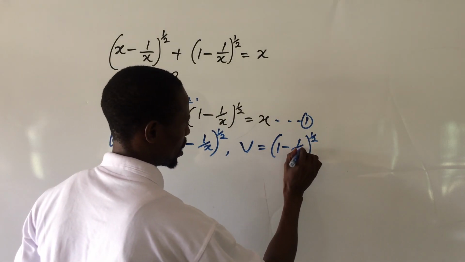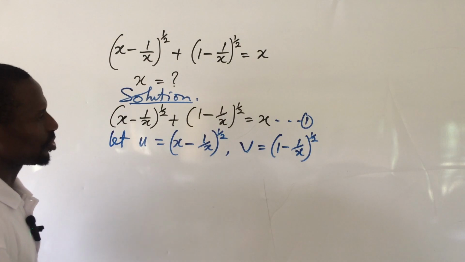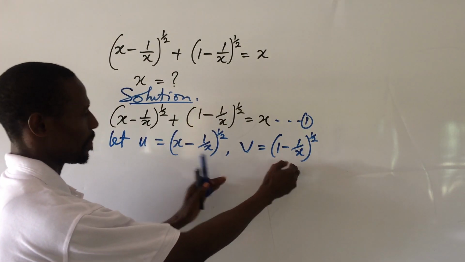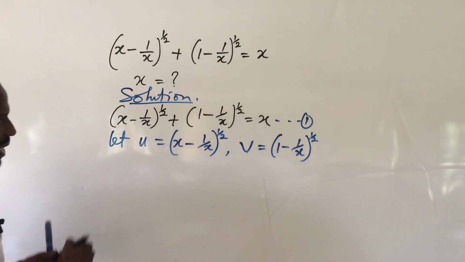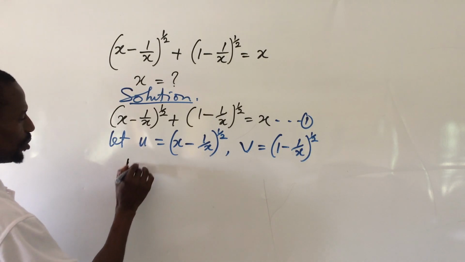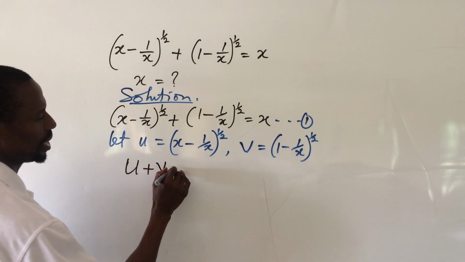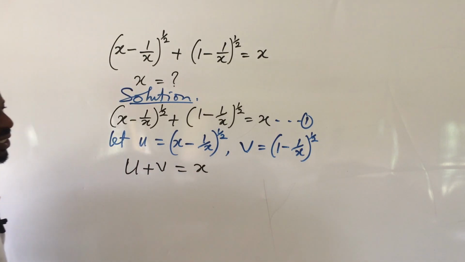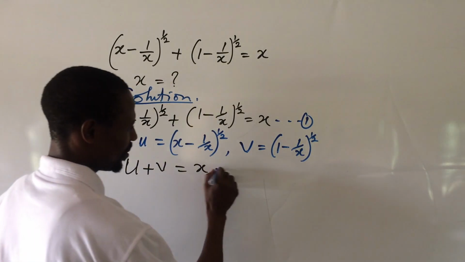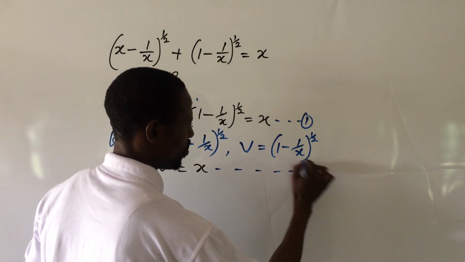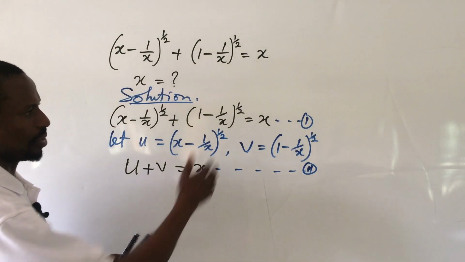Then equation 1 automatically becomes u plus v equals x. Let's give this equation 2, because we'll be making references to all these equations I'm labeling.